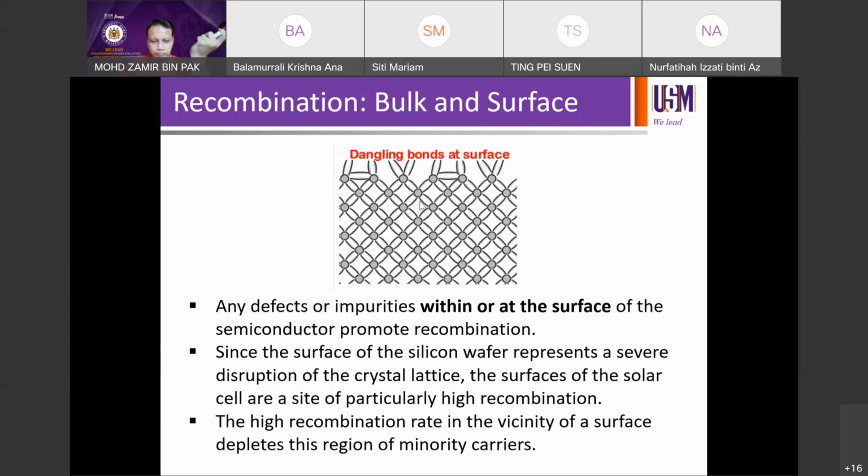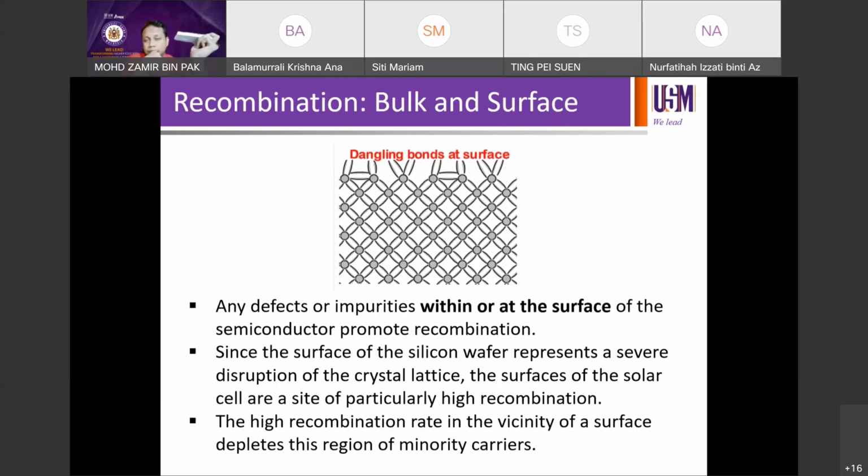So that's the whole point, right? The high recombination rate in the vicinity of the surface depletes this region of minority carriers. If you are generating minority carriers from your silicon material and you want to extract them, but they recombine at the surface due to the presence of dangling bonds, then to successfully extract your carriers from the bulk and eventually through the surface, usually we put a metal contact on top or bottom to extract or inject the carriers.